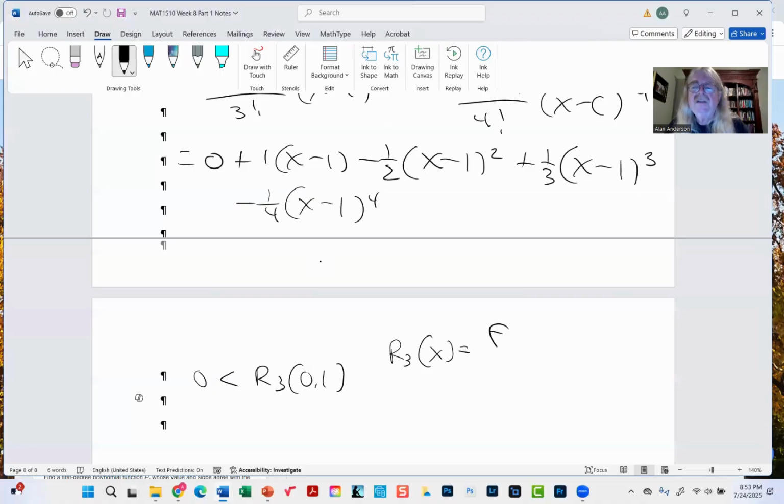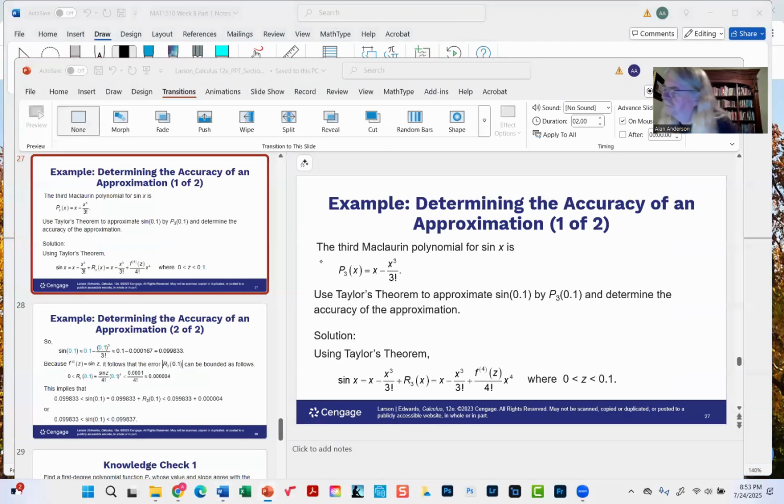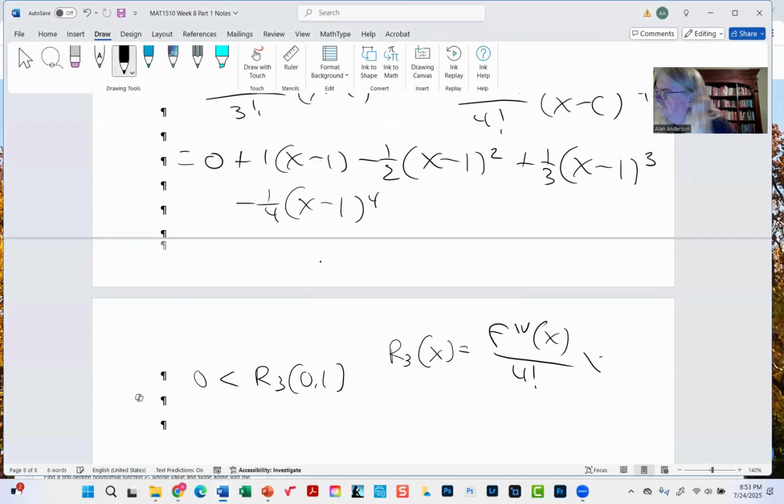I just noticed that they're not doing that. I've been using the little Roman IV. Just be aware that I mean the fourth derivative here. Great. So therefore, now remember the fourth derivative is simply the sine of x.